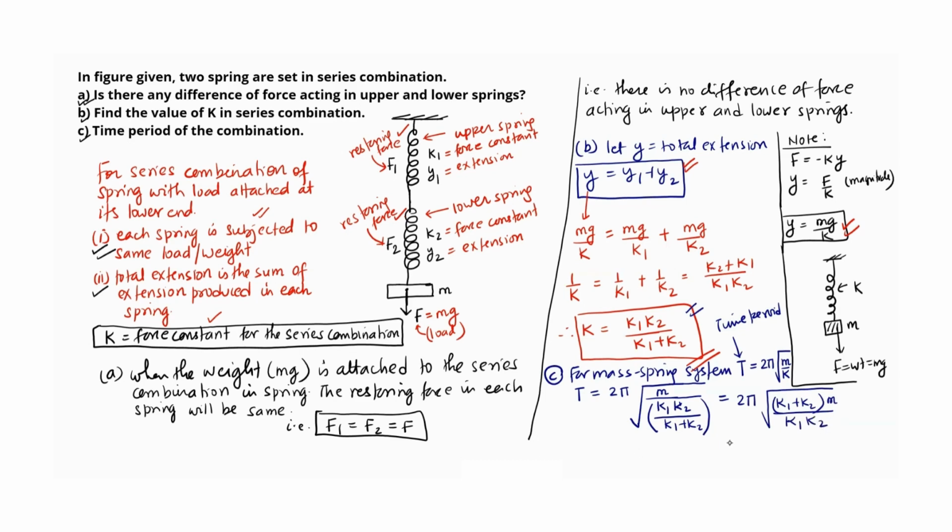Therefore, the time period of the combination is T equals 2π under root of (k1 plus k2) times m divided by k1 k2.